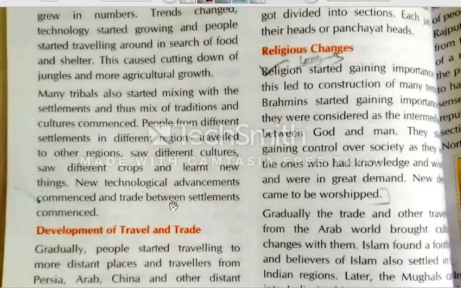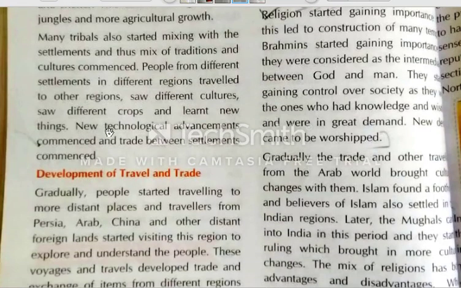New technological advancement and trade between settlements became common. When many tribes came together and started living together, they learned from each other the new technology and the trade, which became common between them.